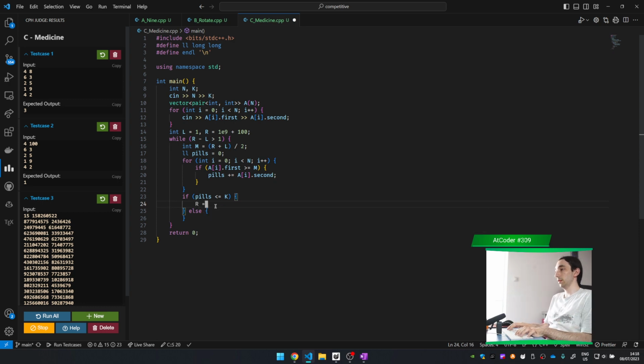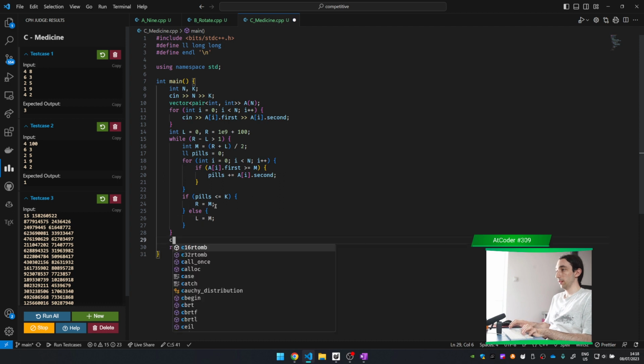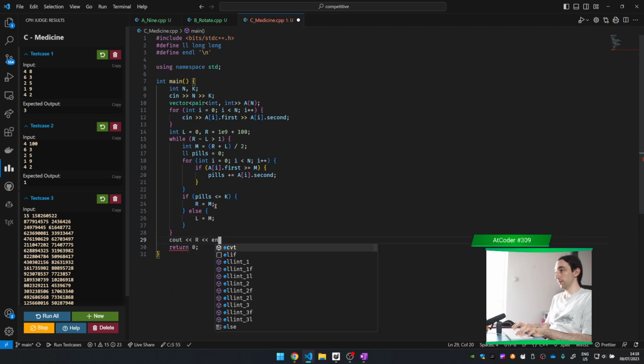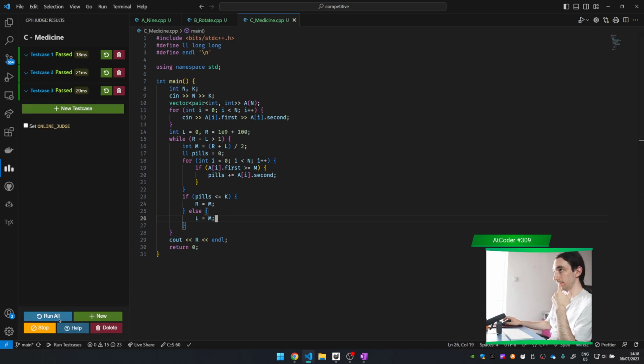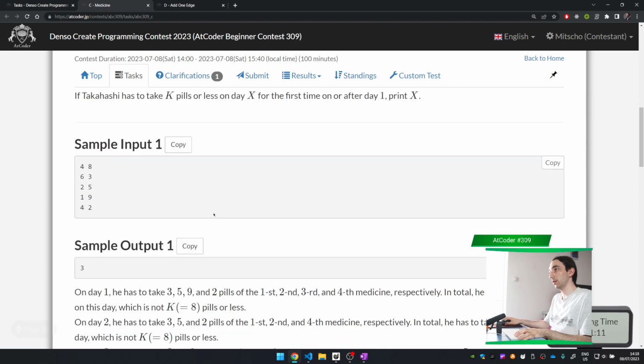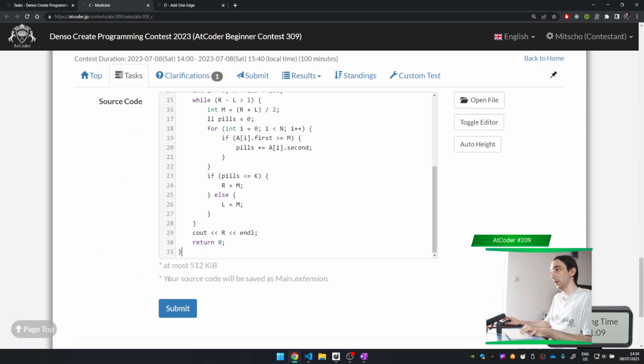So it means that R is m and then L is m. Now in this case R is a valid choice. That passes. Let me just check this out. Yeah, I think so. That should be fine.